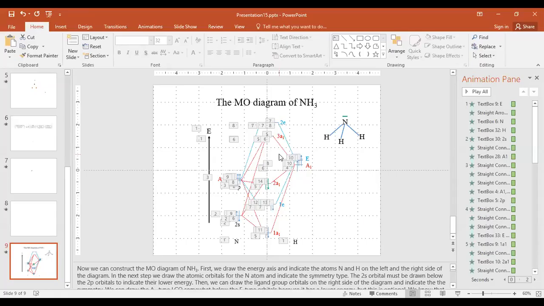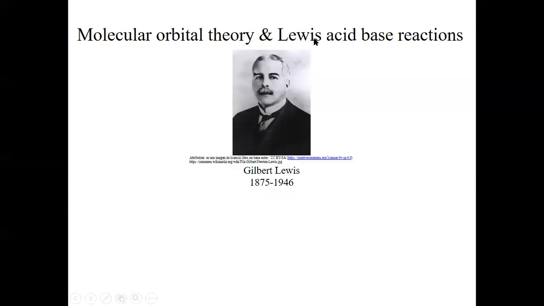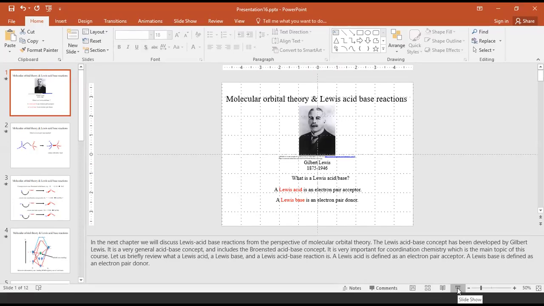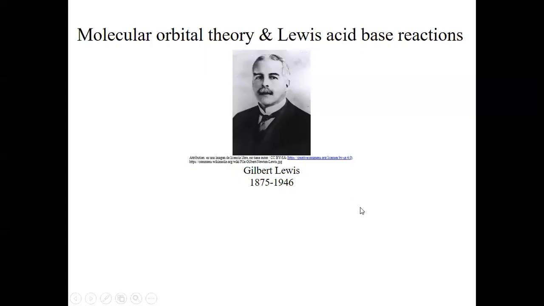And we will now start a new chapter, which is about acid-base concepts that are relevant for coordination chemistry. And there are two acid-base concepts which I will cover in more detail.